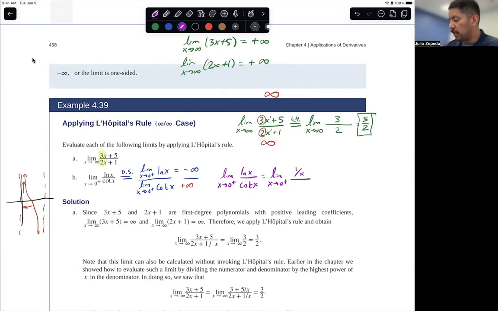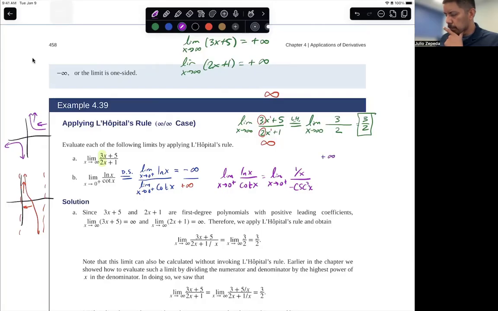The derivative of cotangent x is negative cosecant squared x. Okay, and now we look at the limit as x approaches 0 from the right. 1 over x is also going to have an infinite limit. 1 over x looks like this, and the limit from the right is positive infinity.